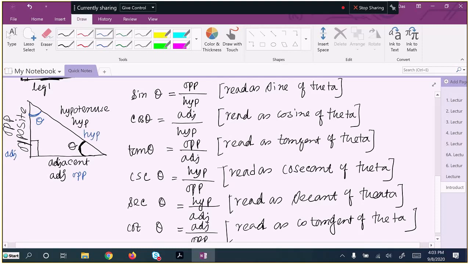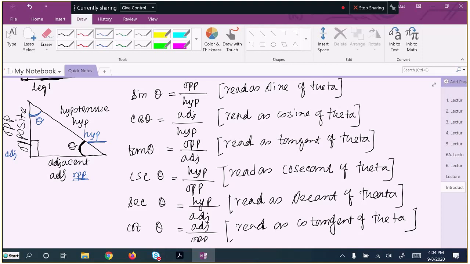So with respect to this theta, if I now define sine, I have to do opposite over hypotenuse, but that was adjacent over hypotenuse in my previous situation. So depending on the choice of the base angle in a right angle triangle, sine and cosine refer to the same trigonometric ratio.